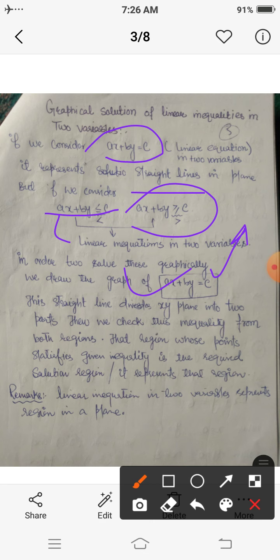Similarly, if the points from the second part satisfy the given inequality, then the second region is the solution region. So usually linear inequalities in two variables represent a region, or a portion of a plane.